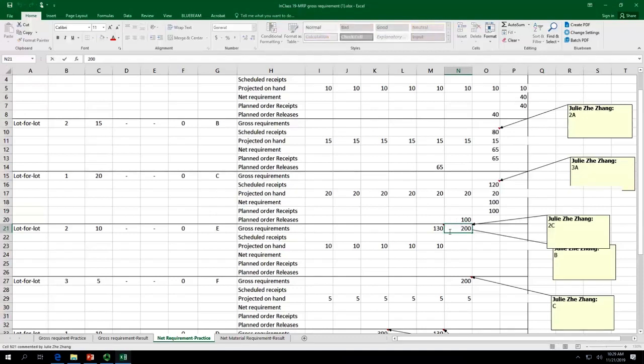It equals this one times 2. And then the scheduled receipt, the net requirement should be 200, and the order receipt should be 200.